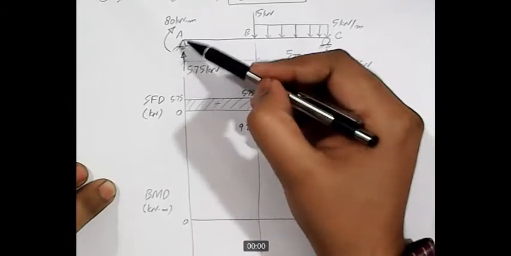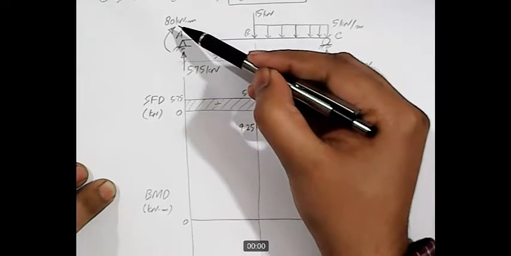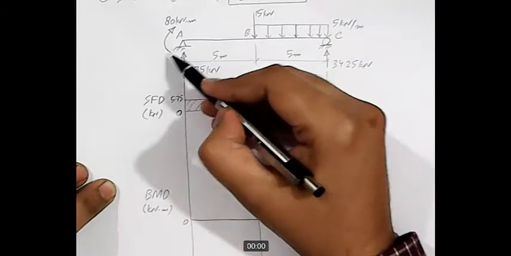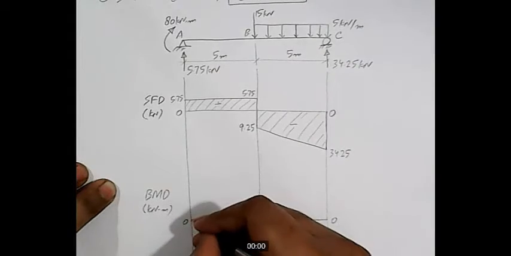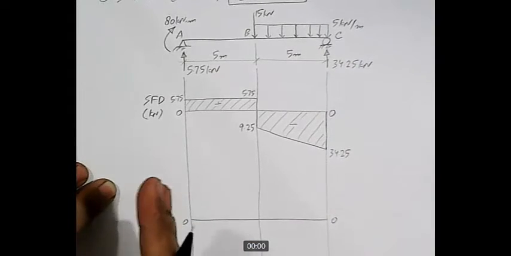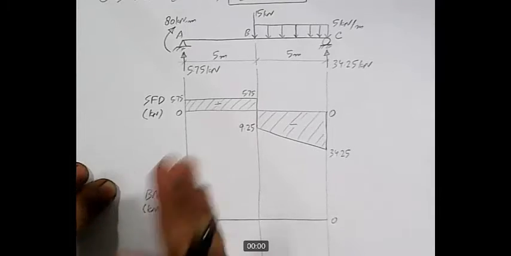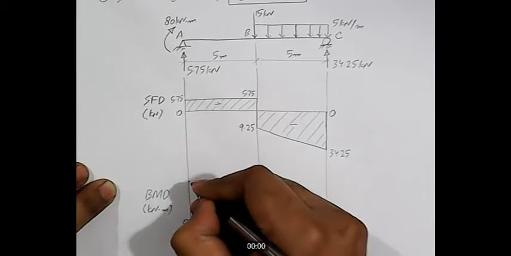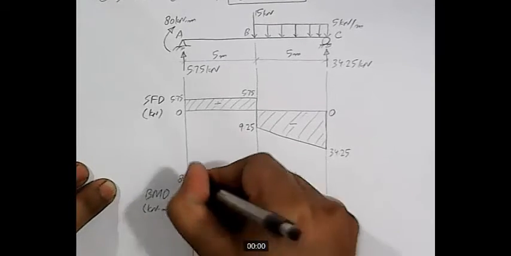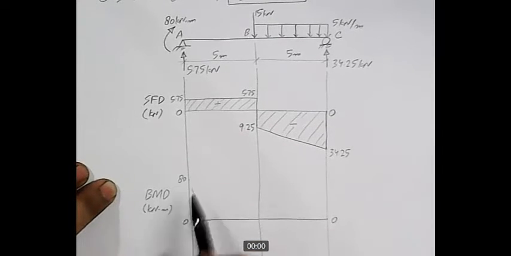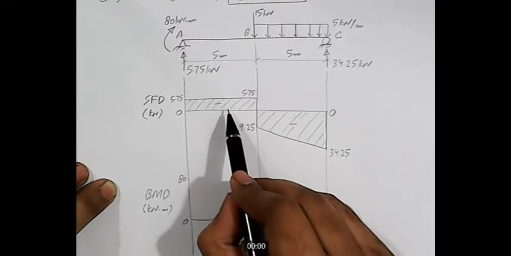At point A, an 80 kilonewton meter moment is acting, and this is in clockwise direction. So according to our convention, as we are drawing the diagram from the left side, clockwise moment is positive. So we reach positive 80 kilonewton meter.